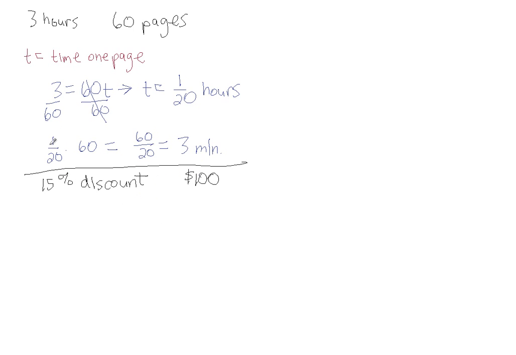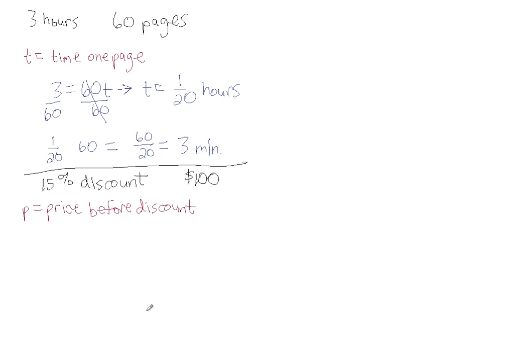That's what we want to find out. So let's define a variable p, and this is going to be the price before the discount. This is what we want to solve for.